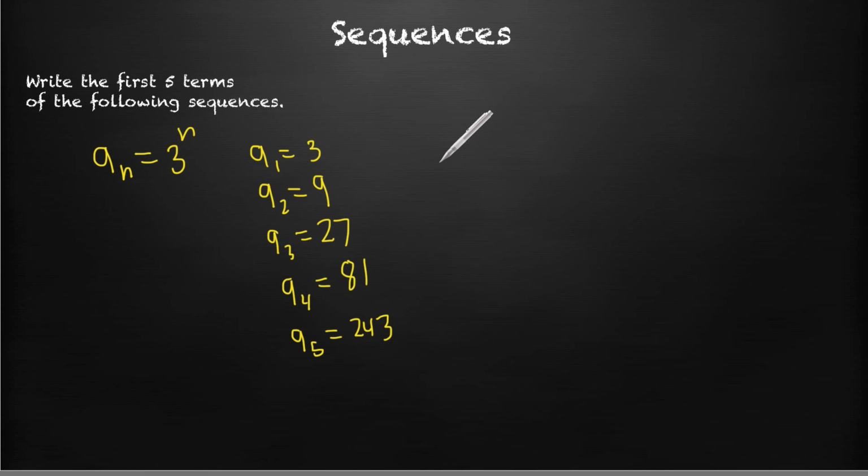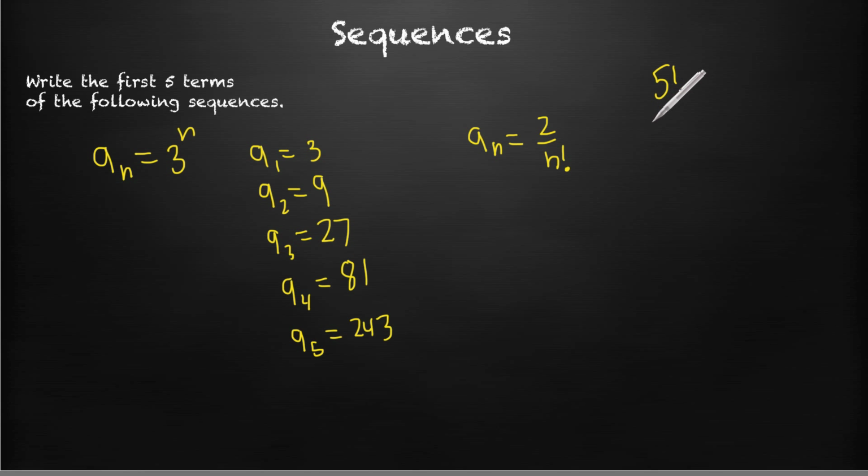All right, the second sequence they want us to write out the first 5 terms of is A sub n is equal to 2 over n factorial. Let's talk about what a factorial is. You may or may not remember from pre-cal, but a factorial is simply a number times all the numbers that came before it.